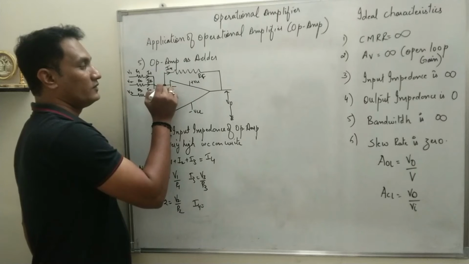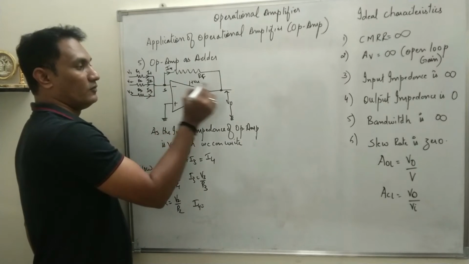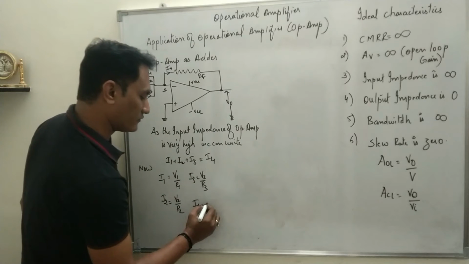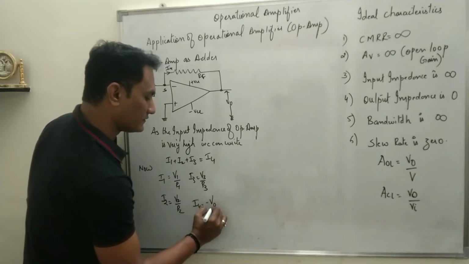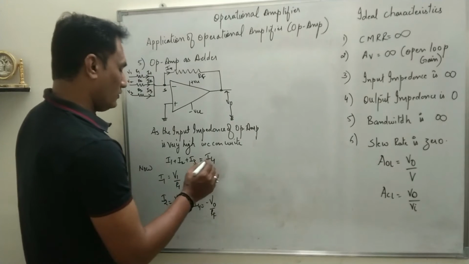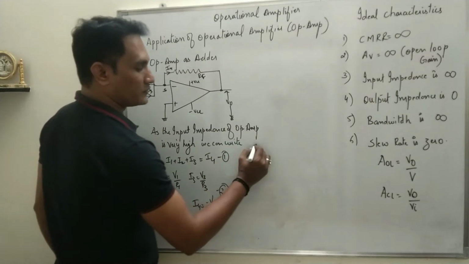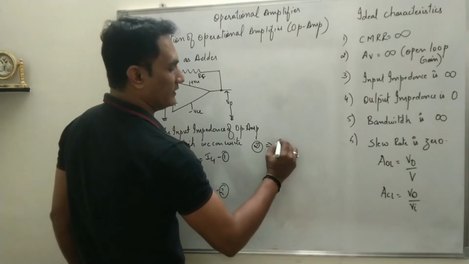RF is connected between which 2 points? These 2 points. Summing point is at virtual ground, so 0 minus V0 upon RF, so it will be minus V0 upon RF. So let this be equation number 1, let this be equation number 2. Substitute the value of 2 in 1.